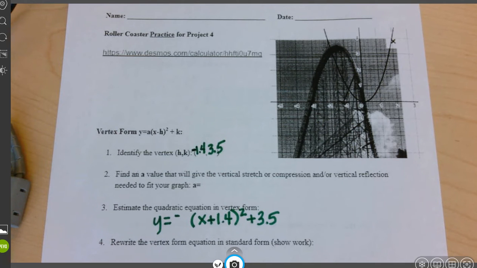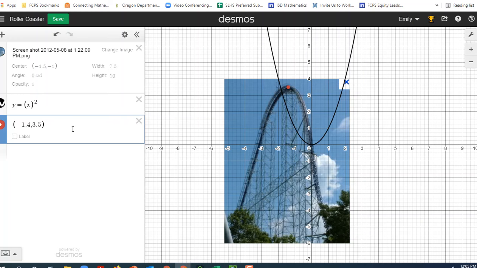There's a link on slide 6 to the roller coaster. And see if we need to compress it or if we need to stretch it. Okay. So I'm going back into Desmos to try this out.